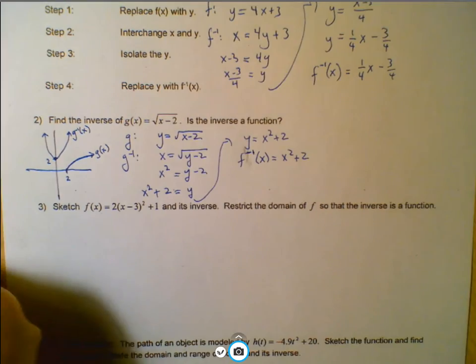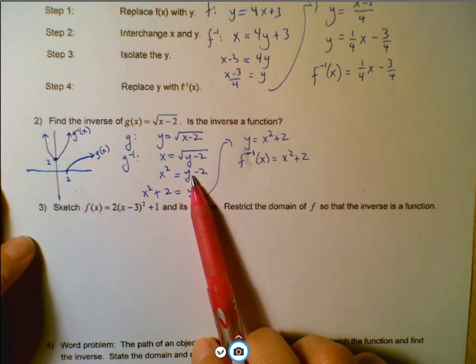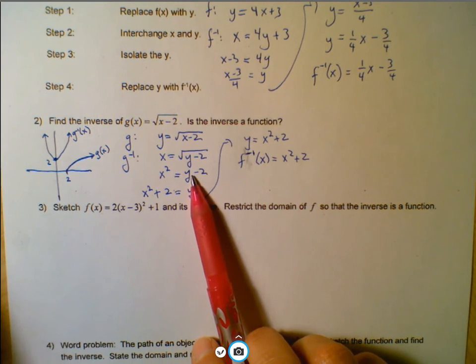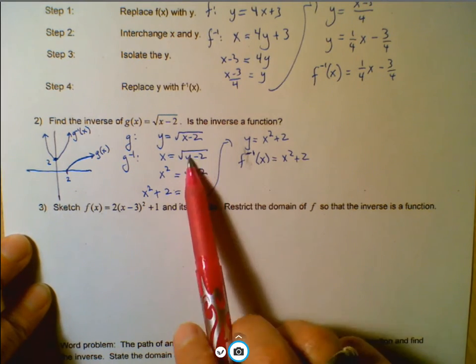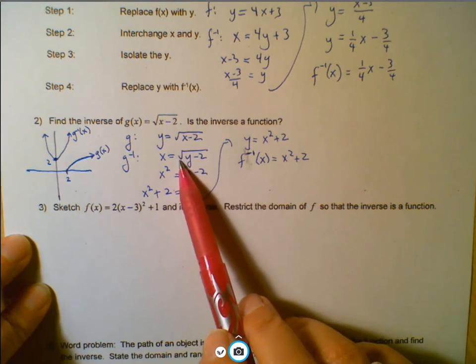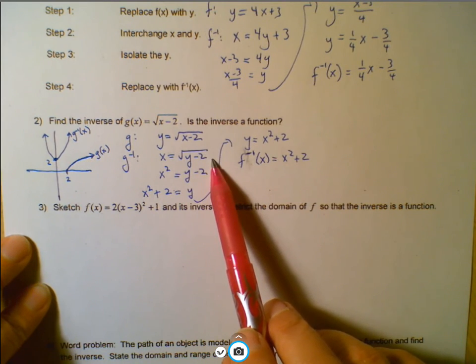And the reason that happened is because when I squared both sides, I actually introduced an extra solution that's not really there. It's called an extraneous solution. Because by squaring both sides, I would get the same answer if that was a positive root of y minus 2 or a negative root of y minus 2.